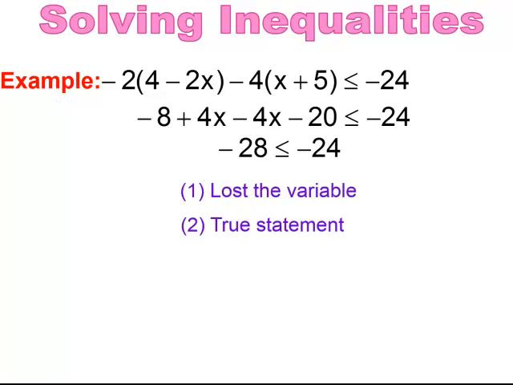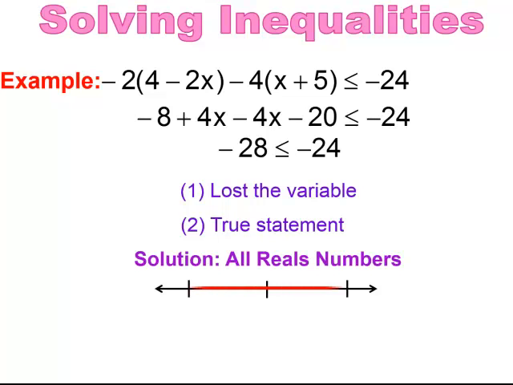And because it meets that condition, any value that I put into x, I will have a true statement, so all real numbers would be the solution. The graph, again, for all real numbers would shade the entire number line, and the interval notation will be negative infinity to infinity. So when you're given your answer, you're going to have to write it in interval notation, and the interval notation will be negative infinity to infinity.